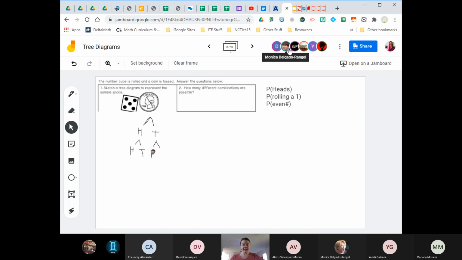I just want to see the tree diagram. So remember, we are flipping a coin and rolling a cube.